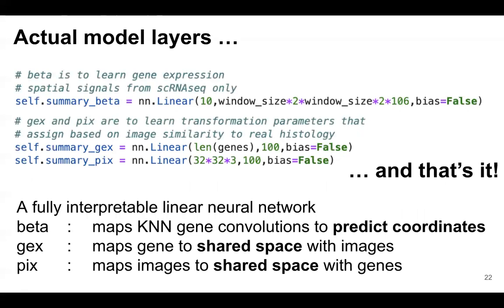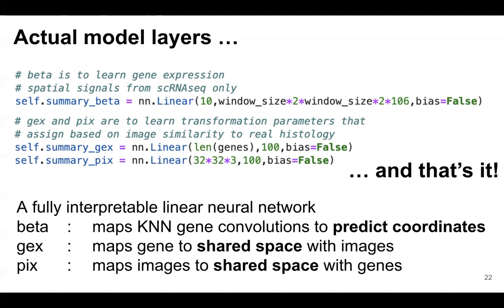Now, I want to go into the neural network, and as we can see here, I have 3 different linear layers, and that is it in terms of the neural network.